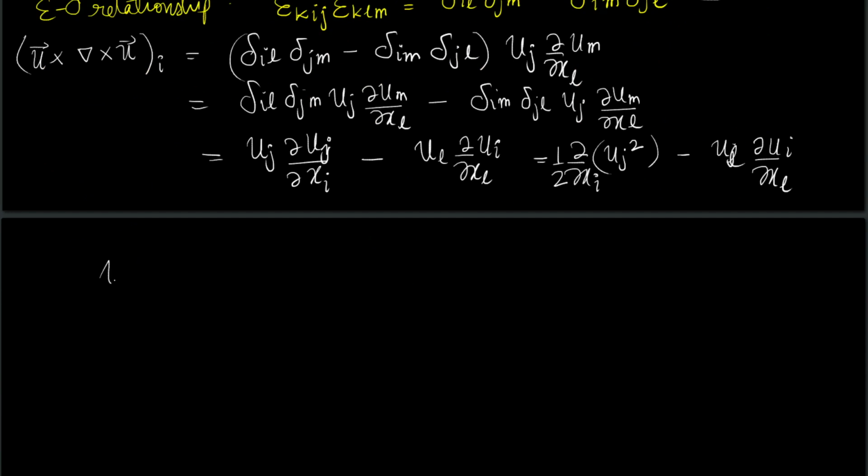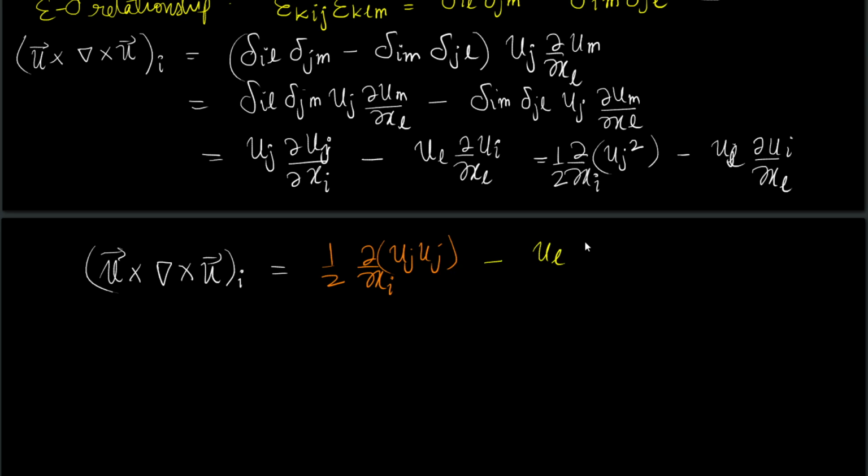So now what we have found so far is u cross nabla cross u, the ith component of this particular vector, is equal to half del del xi of uj square minus ul del ui del xl.